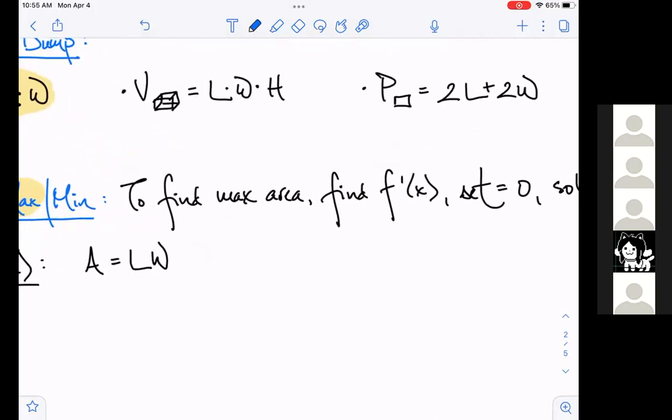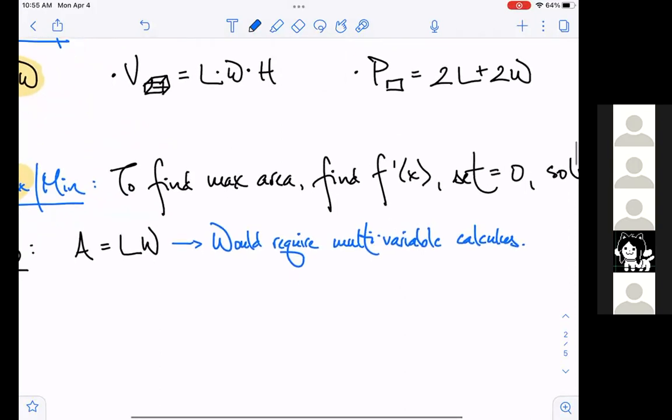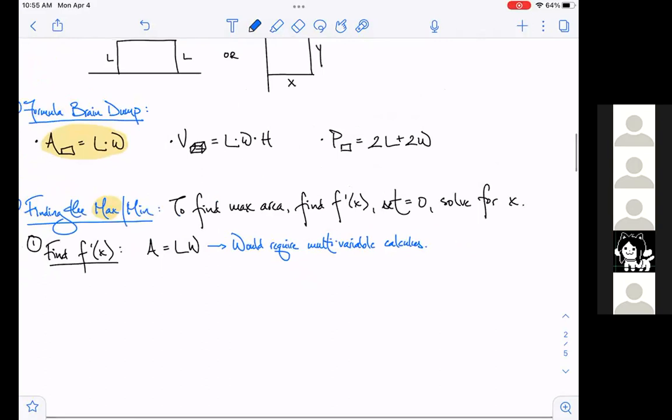It turns out that this right now, if we tried to solve it this way, would require multivariable calculus. Now, we are not in multivariable calculus. We are actually in single variable calculus. Okay, so for us, this is actually a problem, like an issue, that we have too many variables.